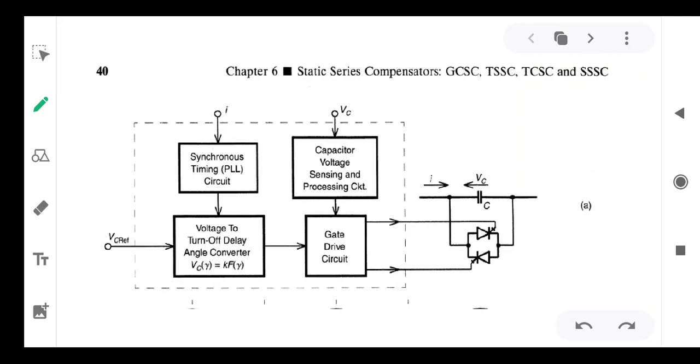In previous videos, you understood the power circuit and functioning of GCSC, as well as TSSC and TCSCs. First, let us look at the GCSC control circuit.